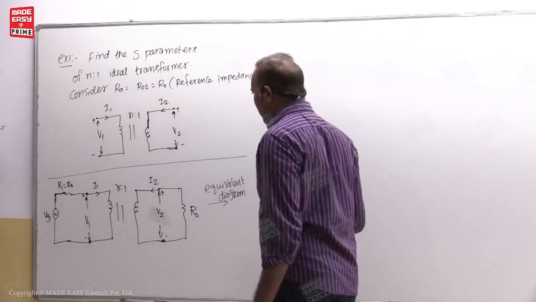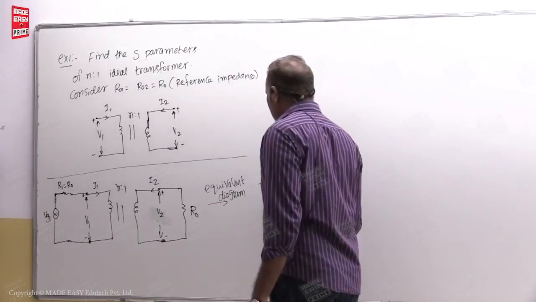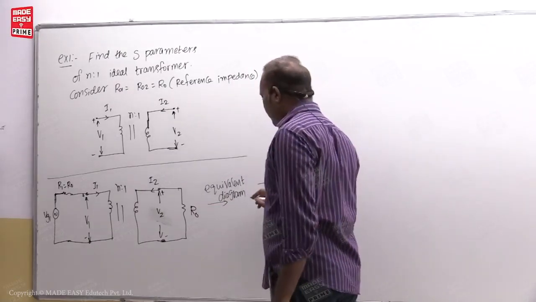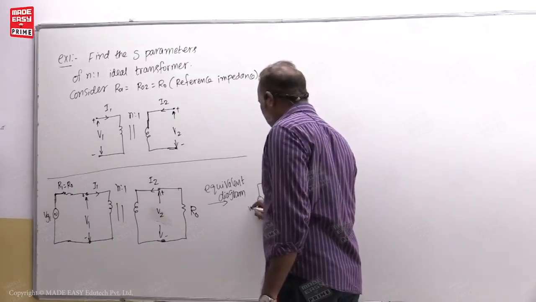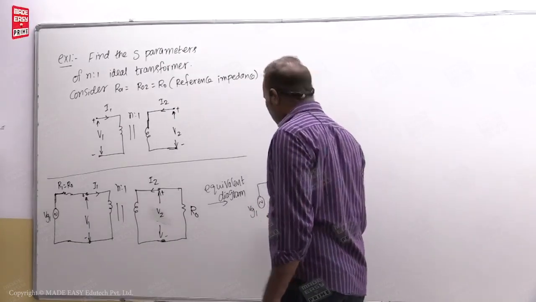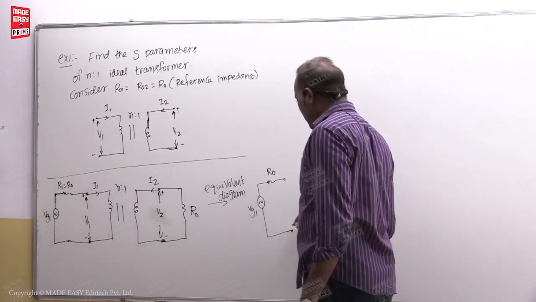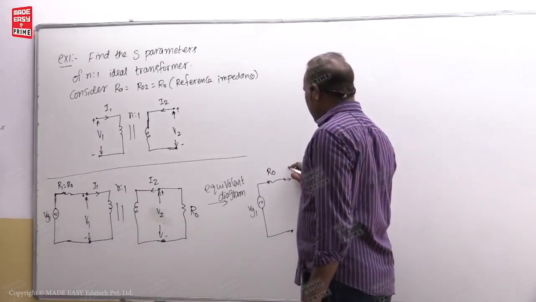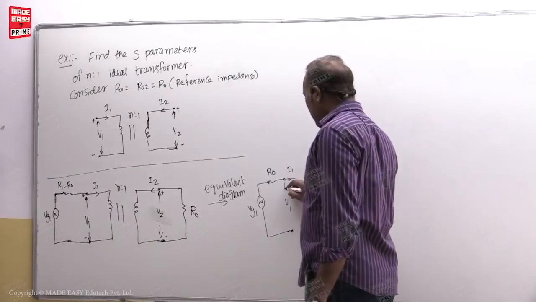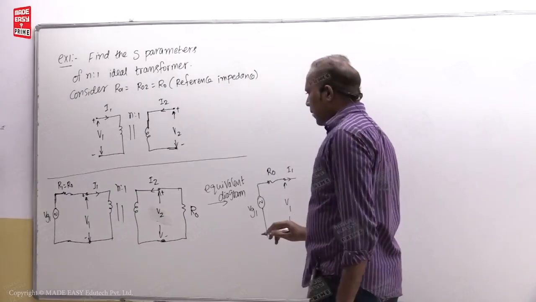I am assuming you know that. So this is R0 here, and this one is VG1, and this is port 1. I1 current is there, and V1 voltage is there.